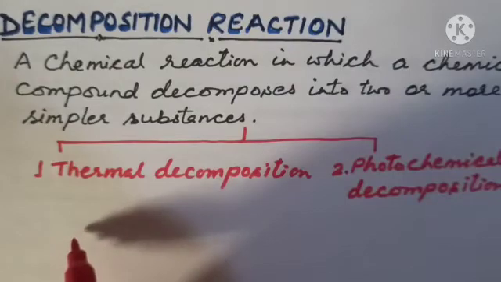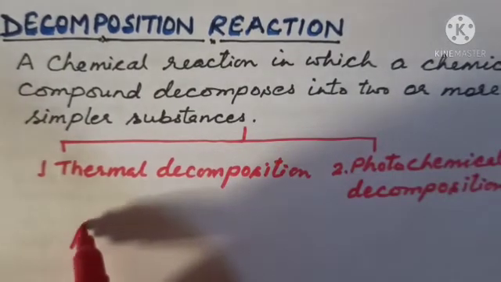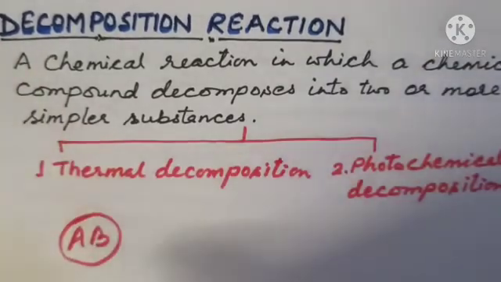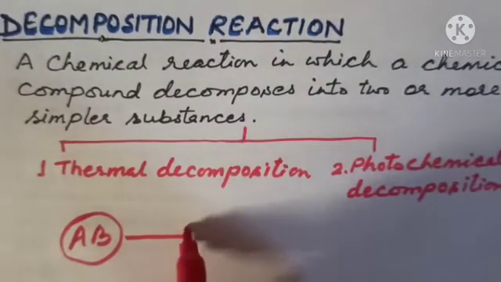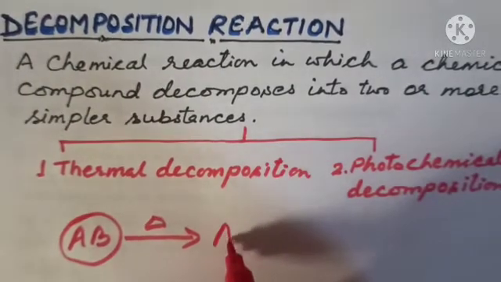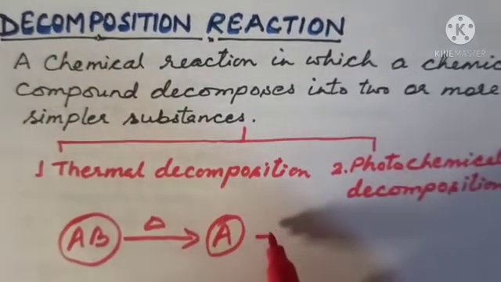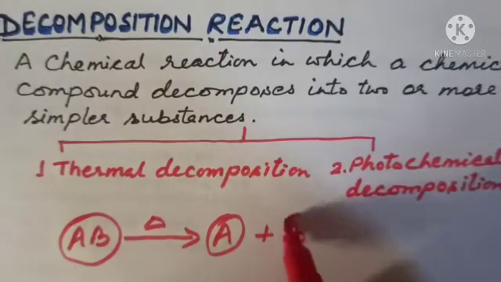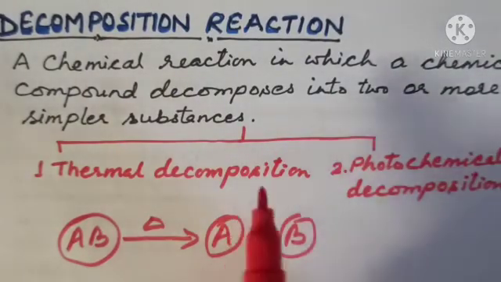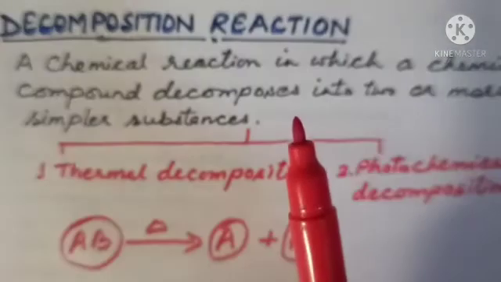Let's take an example. Suppose AB is a reactant, and on heating, it decomposes into A and B, two new substances. Then the reaction is called a decomposition reaction.